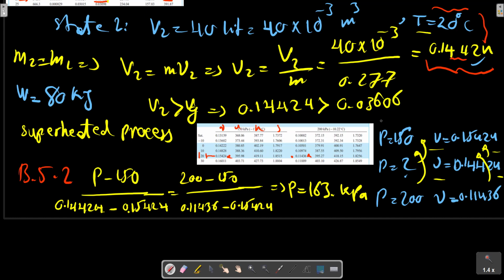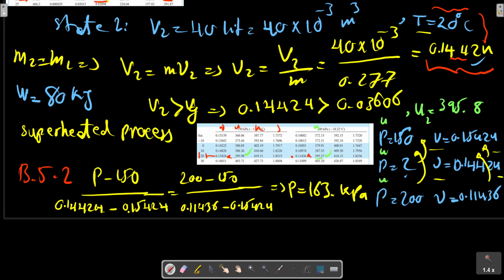From this relation and interpolation, we can also calculate U in the same way. In this part we can use U at the second point, with interpolation between the internal energy and the specific volume.